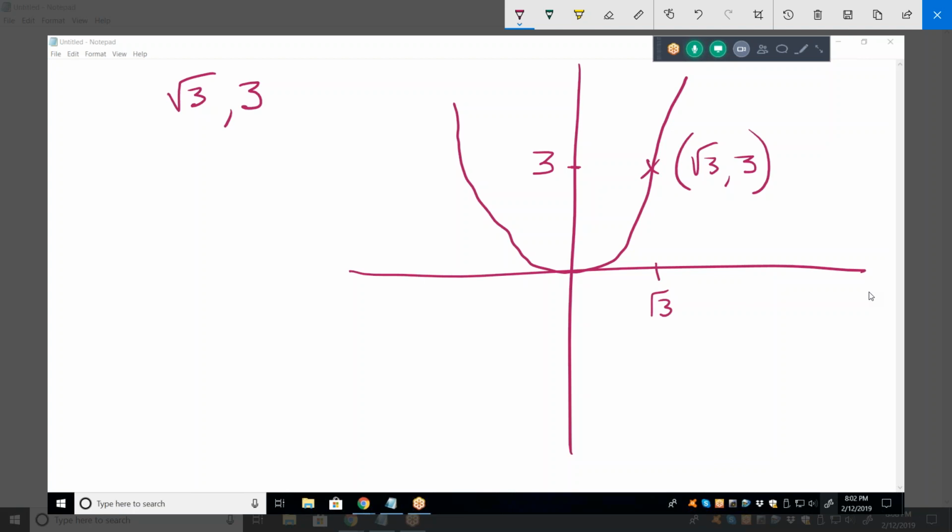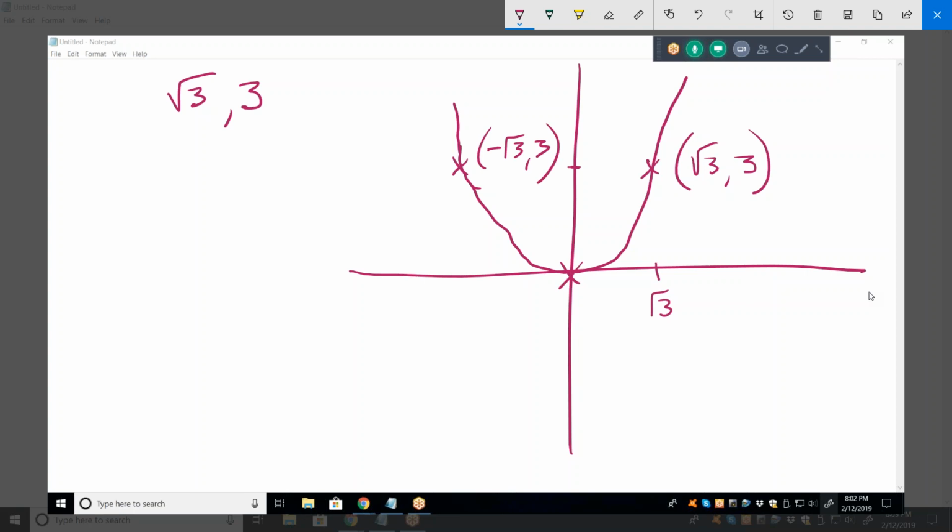So, the standard format, let me think here for a second. Well, we know it goes through 3 points, right? In other words, we know it goes through a point over here that is (minus root 3, 3). I don't know if we need that, but we now know 3 points.